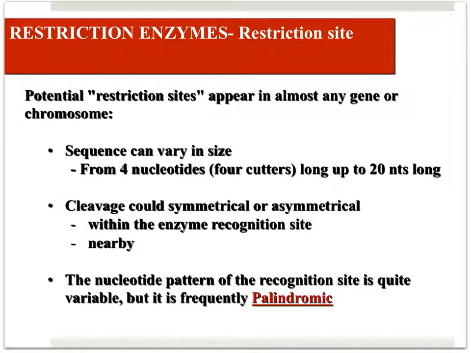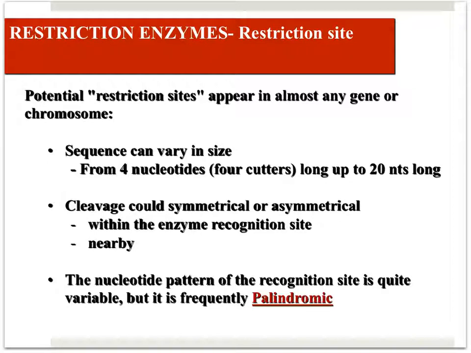These restriction sites typically appear in almost any gene or chromosome. I'm sorry, not the enzymes, but these restriction sites. It is a random occurrence of these recognition sites, right? All genomes are composed of these 4 bases in various sequence orders. So depending on whatever that recognition or restriction site is, there is a chance that the sequence is present in some or many locations.